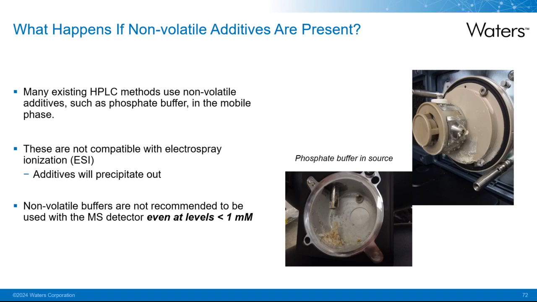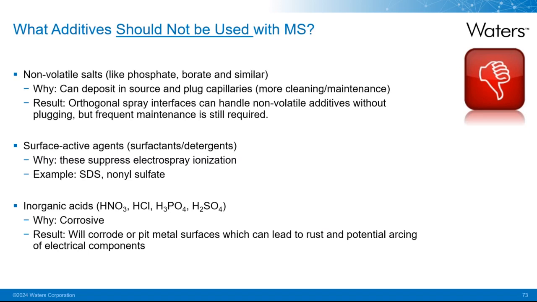So this is why we tend to advise that there are some unsuitable additives for all MS systems. Non-volatile salts like phosphate, borate and similar can deposit in the source and plug capillaries, meaning more cleaning or maintenance may be required. Orthogonal spray surfaces, such as Z-spray sources, can handle non-volatile additives without plugging, but frequent maintenance may still be required.